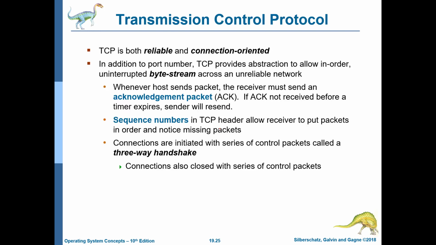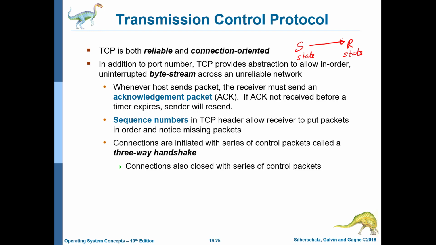TCP, on the other hand, is designed to be reliable. It is designed to be connection oriented. Connection oriented basically means that both the sender and the receiver maintain some state. And so they establish a connection, and the connection essentially creates that state such that they can synchronize and coordinate the process of data being sent from the sender to the receiver.